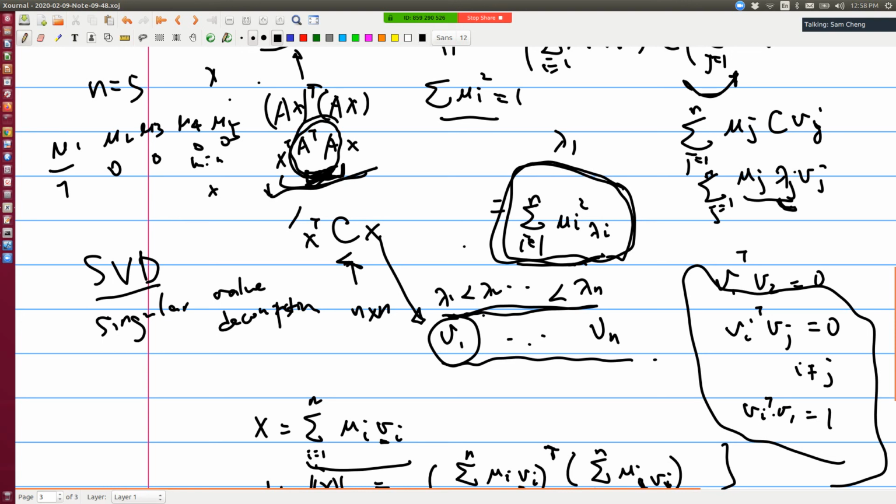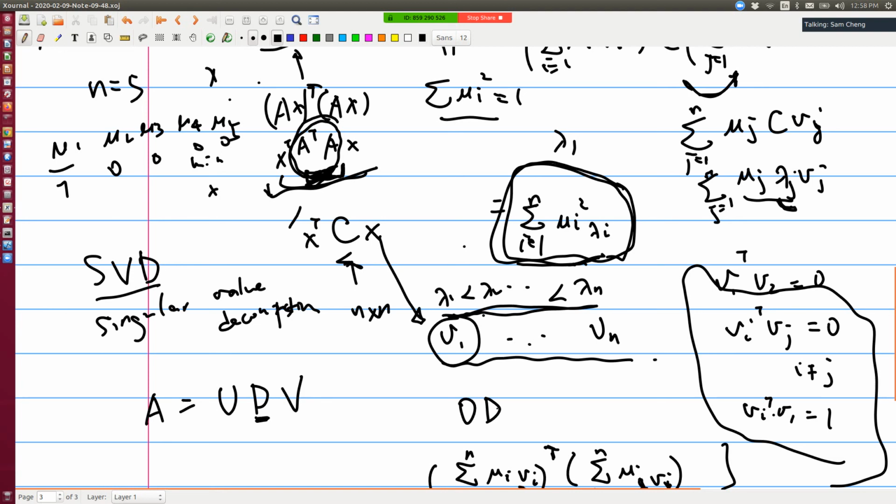Basically, when you have a singular value decomposition, you can decompose A into something like U times D times V transpose. D is diagonal, and U and V are orthogonal, similar to eigenvalue decomposition where we have O, D, O transpose.